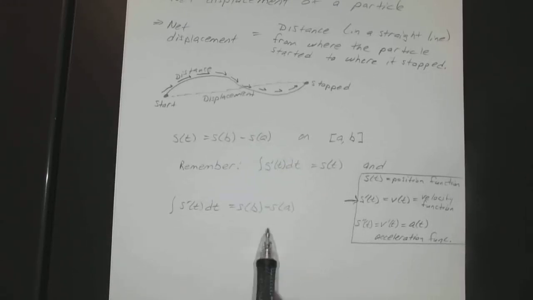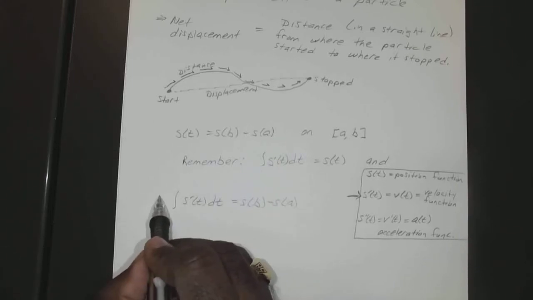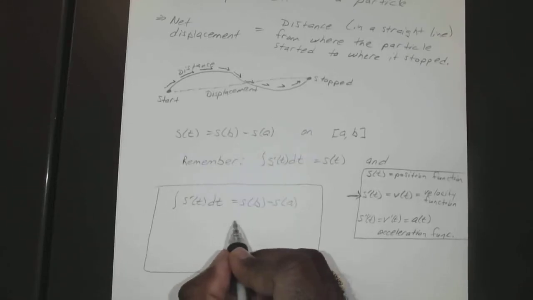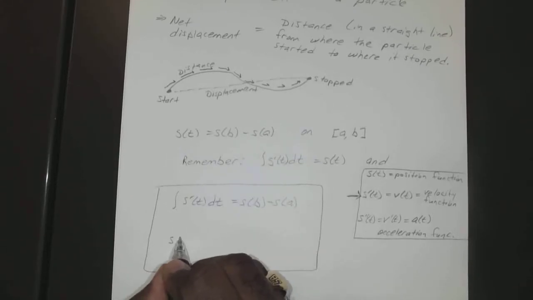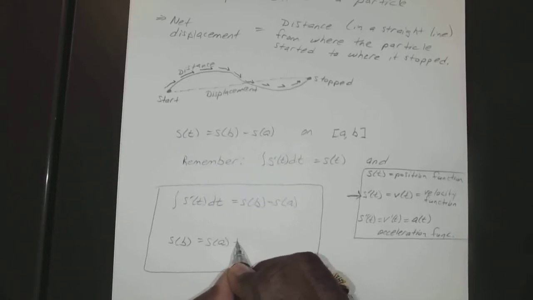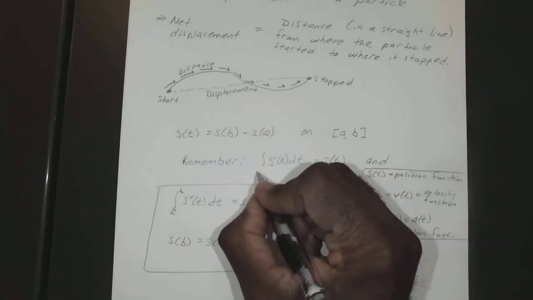Now let's say we add S of a to both sides, so you have S of b equals S of a plus the integral, and actually that should be from a to b.